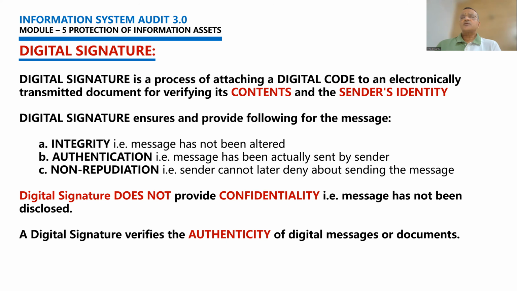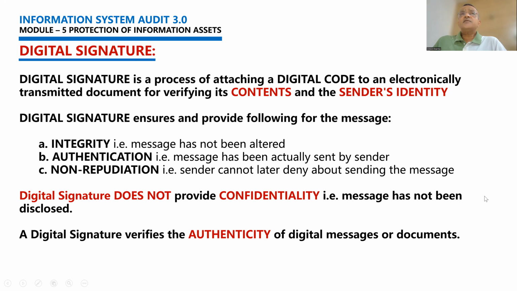If you're signing an electronic document using digital signature, it definitely ensures the integrity and the authentication of the sender, but it does not ensure any type of confidentiality, which means it doesn't say that while the data is traveling across the network, nobody has seen it. Very likely the chances are there that people might have seen it, but they have not altered the content. This is verified and ensured in terms of document integrity by the use of digital signature.